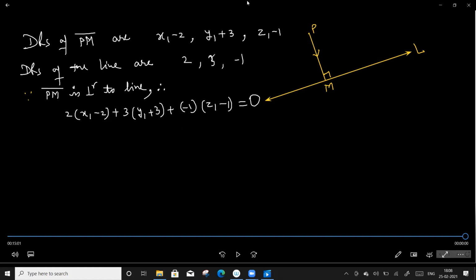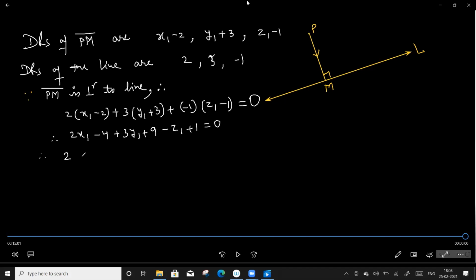Now see, the next equation you get is 2x1 minus 4 plus 3y1 plus 9 minus z1 plus 1 equals 0.